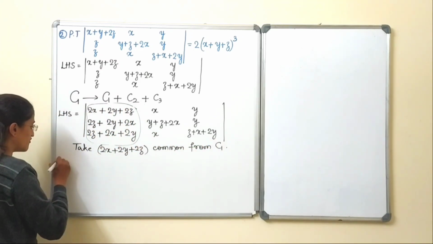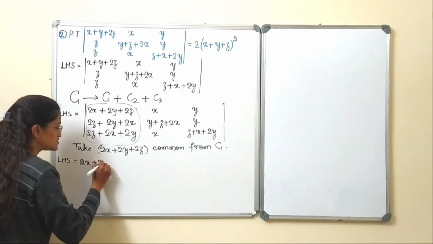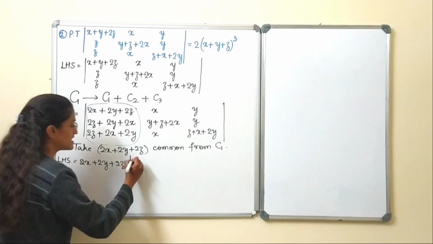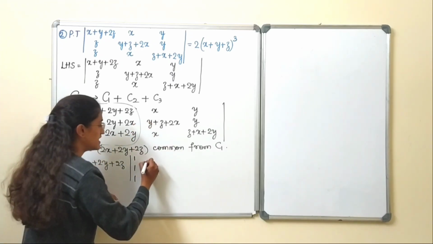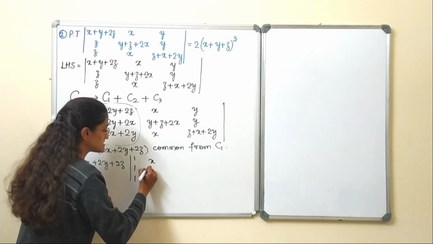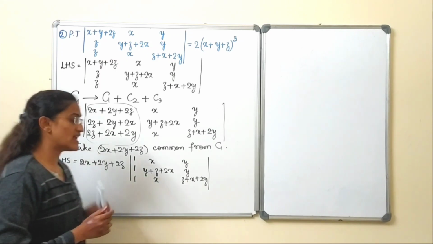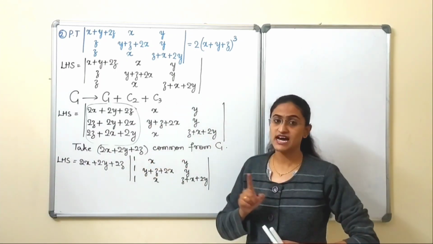Hence we get 2x plus 2y plus 2z into the determinant with 1, 1, 1 after taking out the common factor, leaving the other elements. The determinant now has all the elements in column 1 equal to 1.